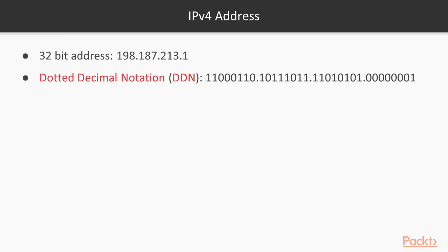If we change this notation to a binary version, you can see each part has 8 bits. So we can call it an octet or a byte. And therefore, each octet or byte can have a value of 0 to 255. Although there are lots of restrictions, and we will talk about them later.